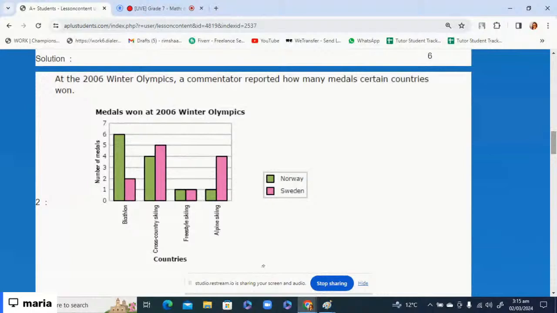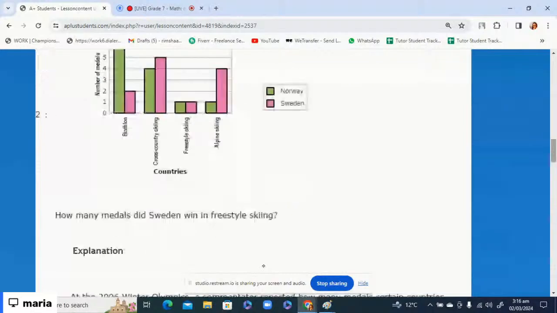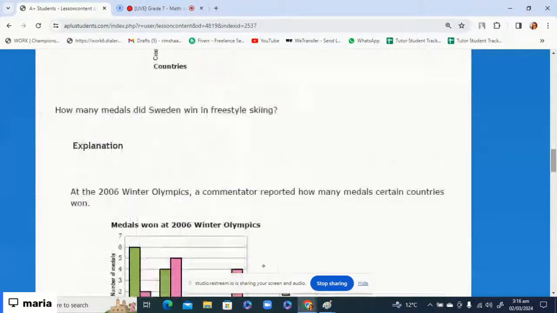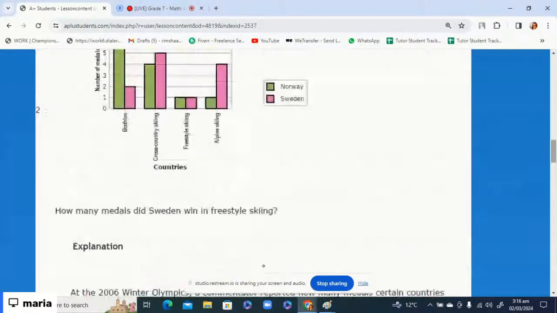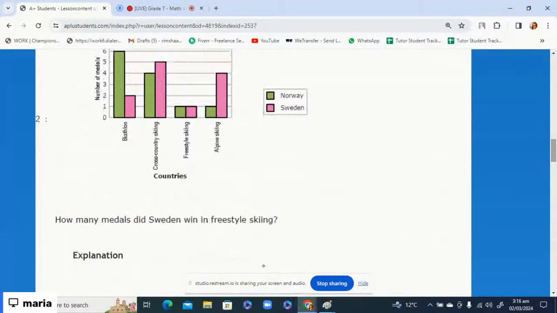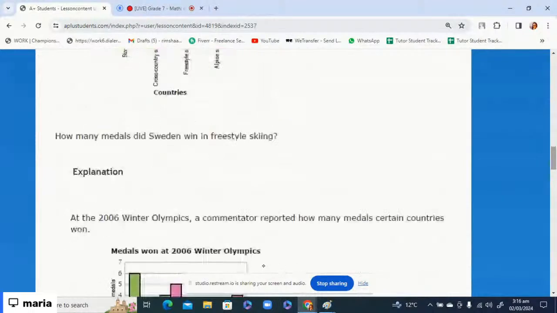So for medals won in 2006, we are going to find how many medals Sweden won in freestyle skiing. These are the types of skiing given: freestyle skiing, then cross country skiing, then alpine skiing, like this way. And these are the two countries, Norway and Sweden.